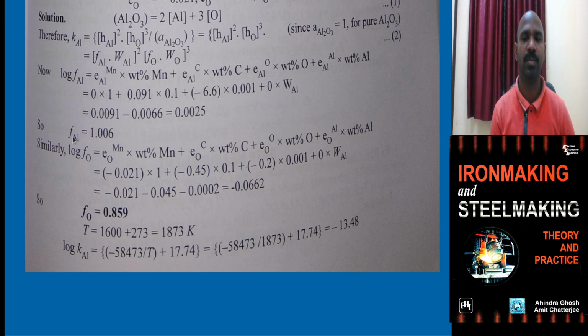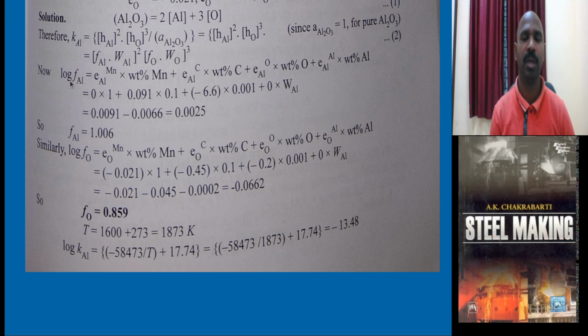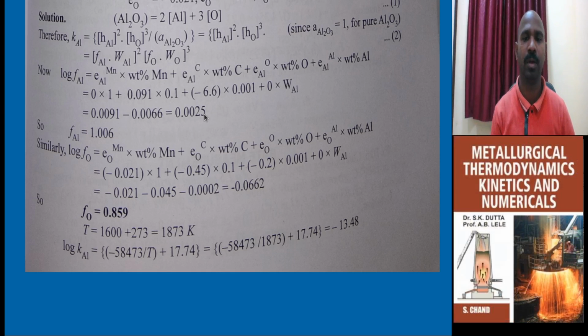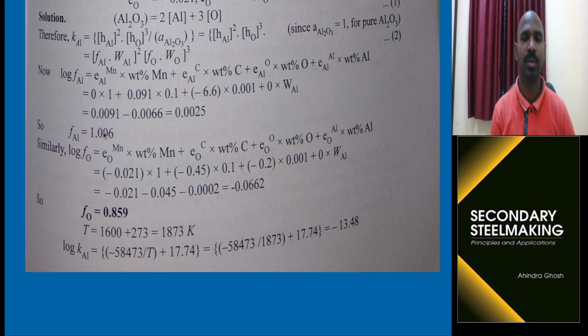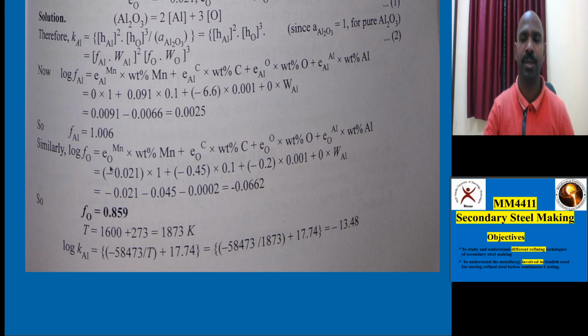Substituting, finally you get log f of Al equal to 0.0025, and removing the log, 10 to the power of 0.0025 becomes 1.006, that is the f of Al value. Similarly for oxygen, the Henry coefficient is calculated from the equation between the interaction parameters and the Henry coefficient.